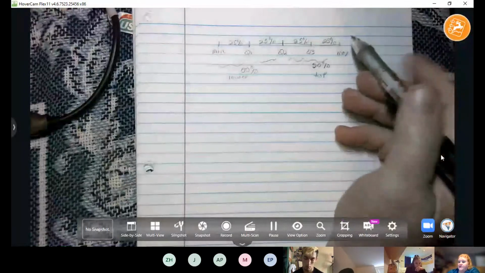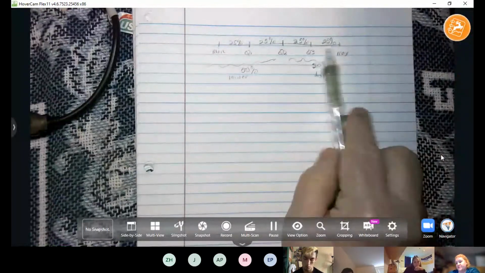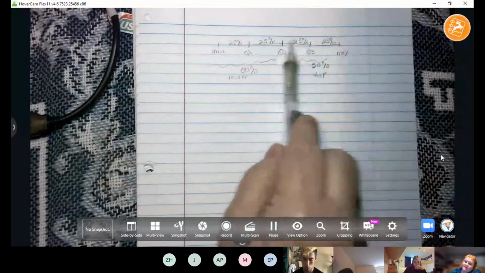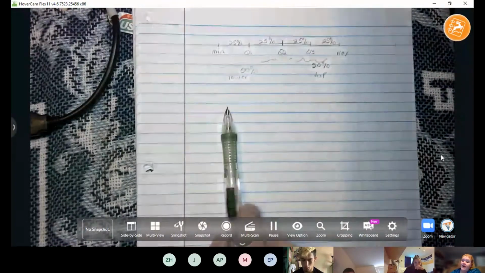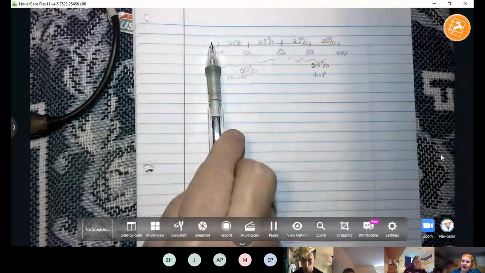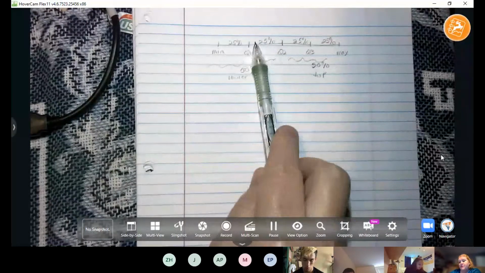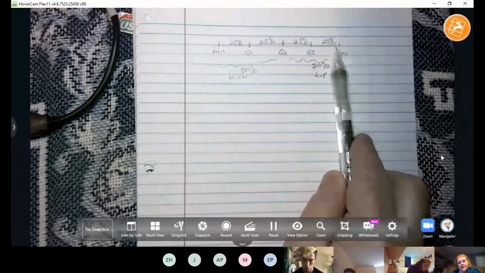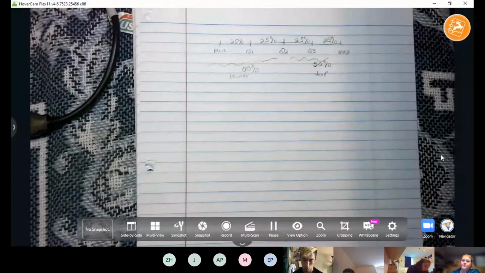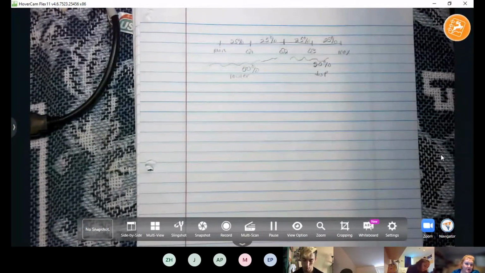We might need to know the top 25%, which means we then know the lower 75%. Or we might need to know the lower 25%, which means we also know in reverse the top 75% of the data. So you use those percentages to help you analyze different aspects of your data.